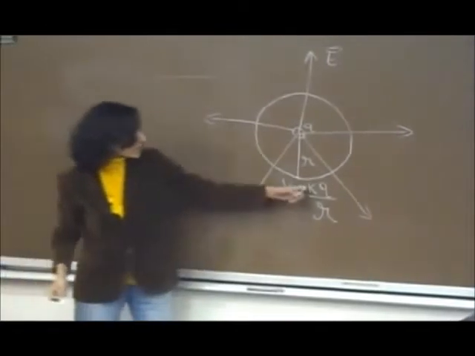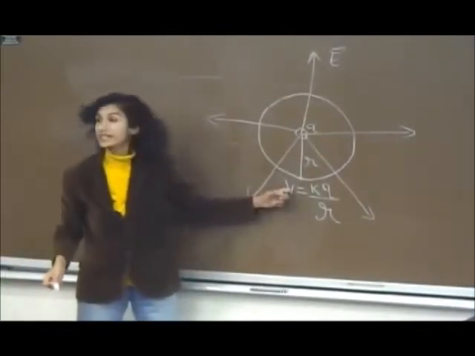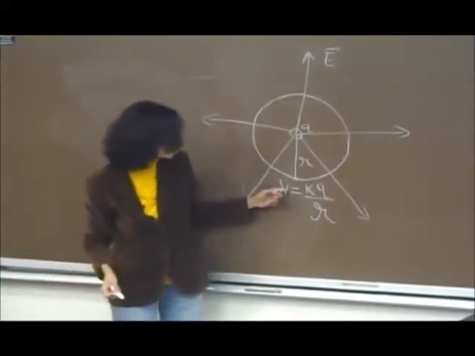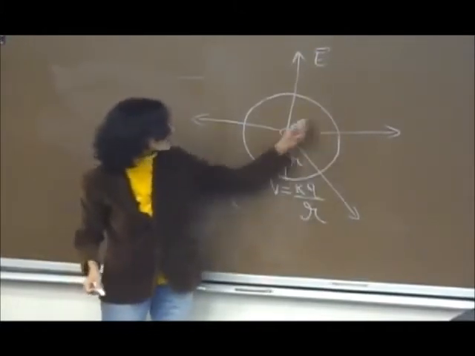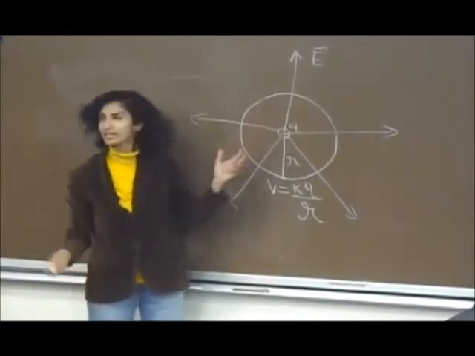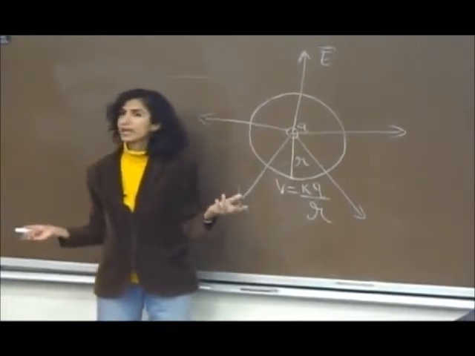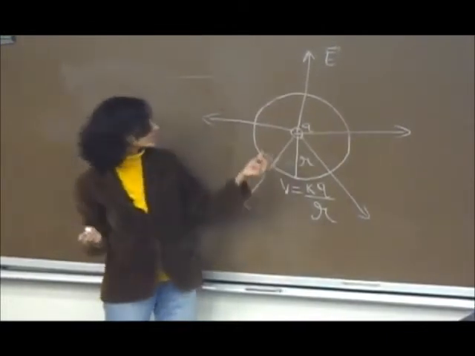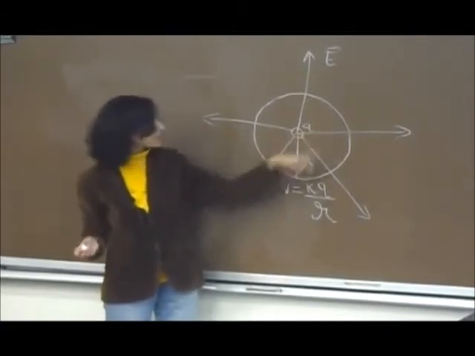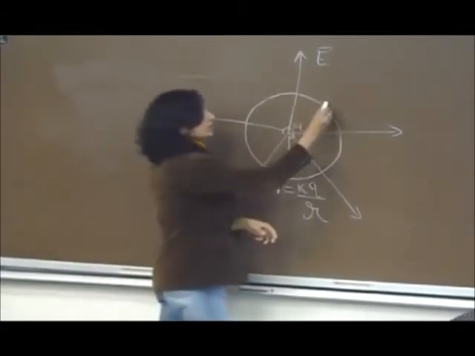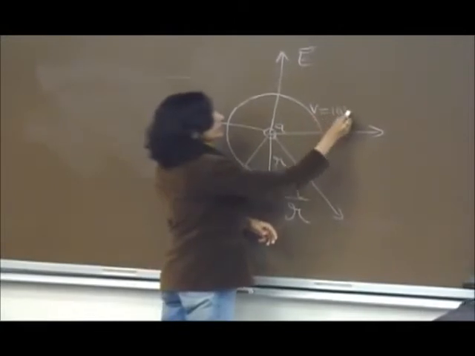So in other words, potential is a scalar quantity, so there's no direction, and so all the points that are at the same distance r away from this charge will have the same potential. And a sphere which is concentric with the point charge, with the point charge at the center, will be one equipotential surface. So maybe the potential here everywhere is say 10 volts.